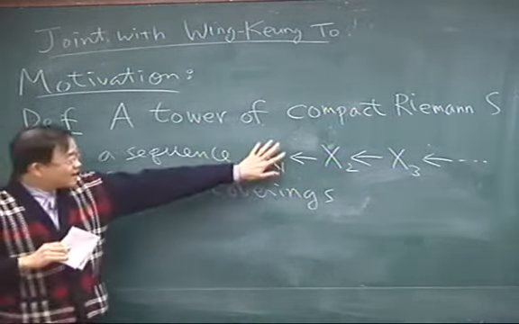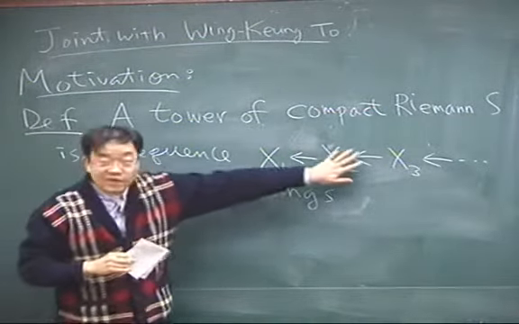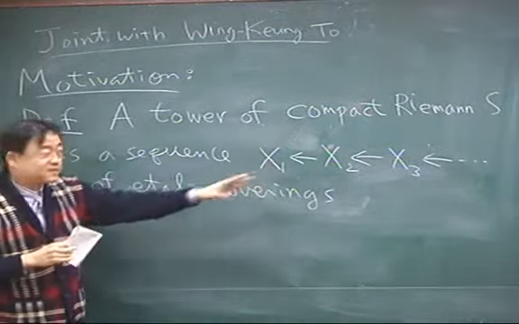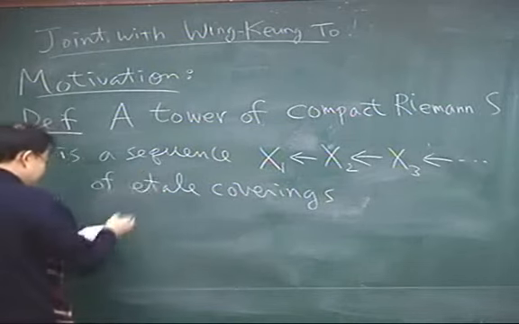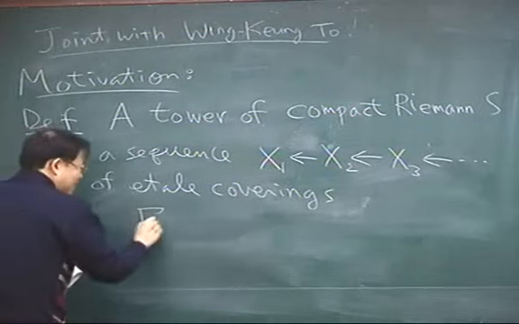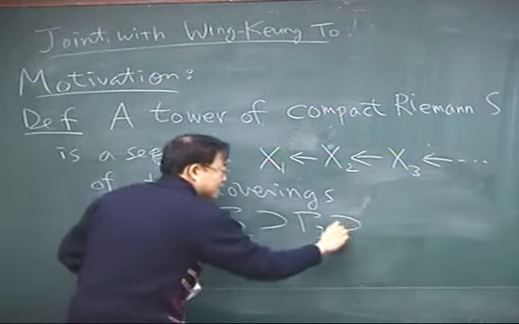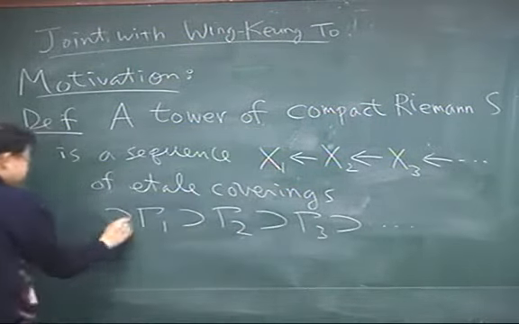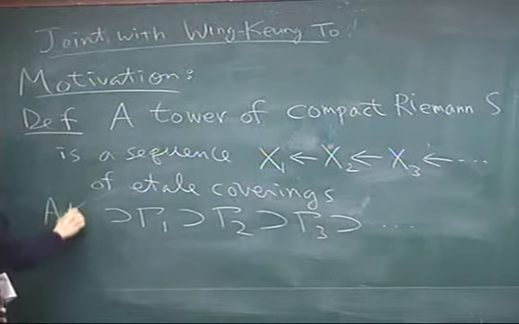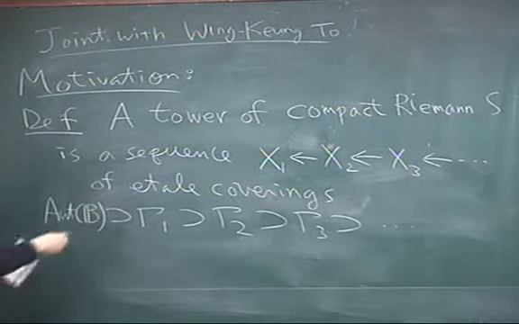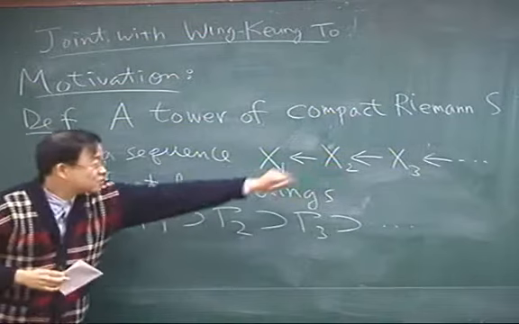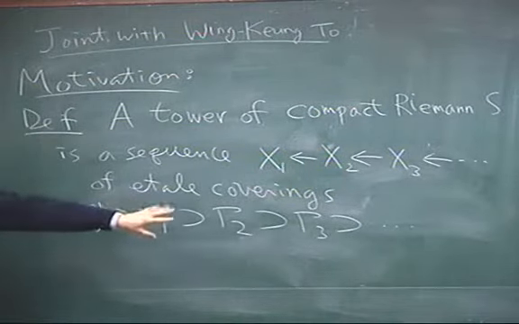So you have a sequence of étale coverings of a given compact Riemann surface, and this means that you are given the fundamental groups, gamma 1, inside the automorphisms of the universal cover, the disk. So such a sequence corresponds to a sequence of subgroups.